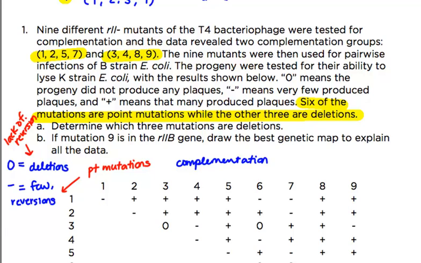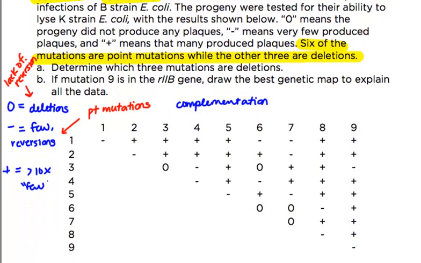And then finally the plus means many plaques. So basically it's more than 10 times as many plaques as you would see on the few, and this growth is due to recombination. So this is what everything means.